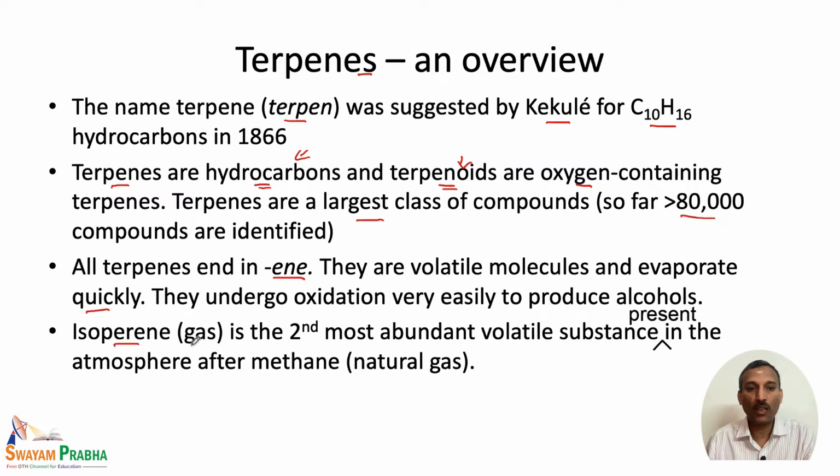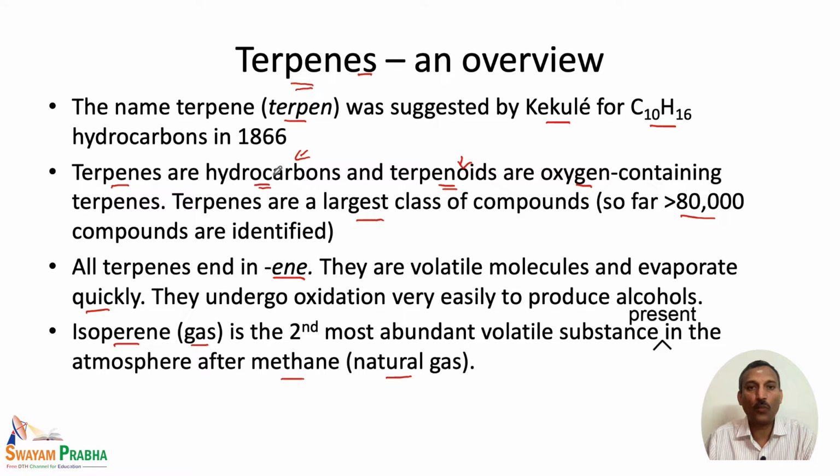Isoprene, basically a gas, is the second most abundant volatile substance present in the atmosphere after methane. Methane is the natural gas which is abundantly present in the atmosphere. After methane, isoprene is the gaseous molecule which is present in the maximum quantity, and this is also a volatile substance.